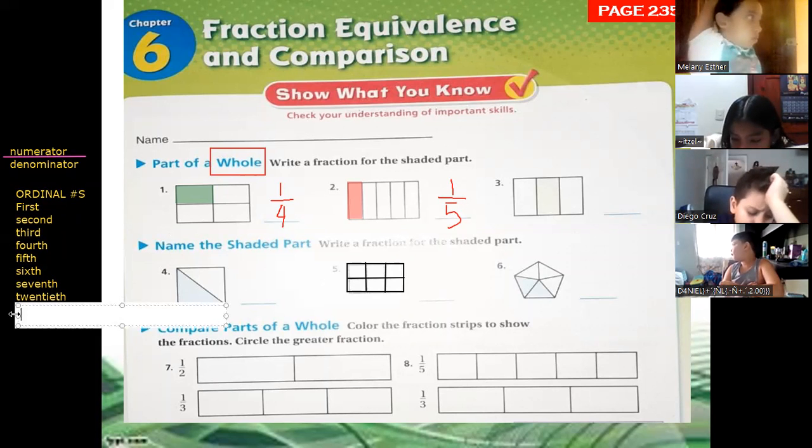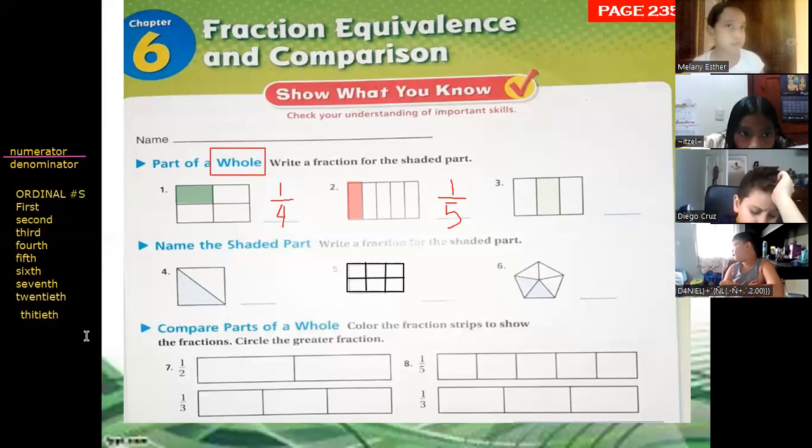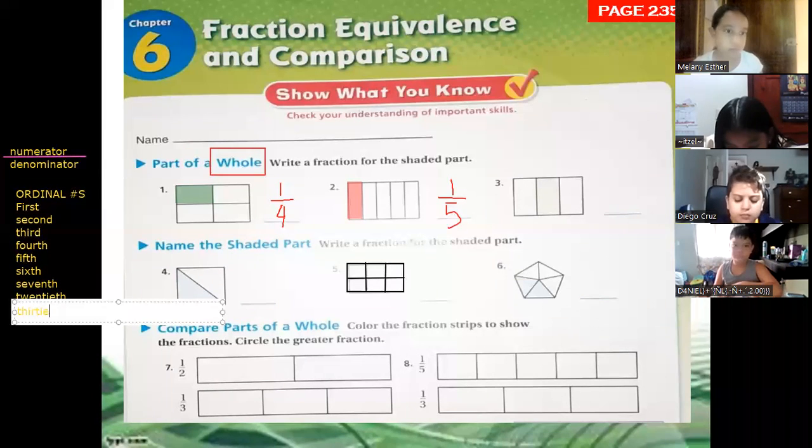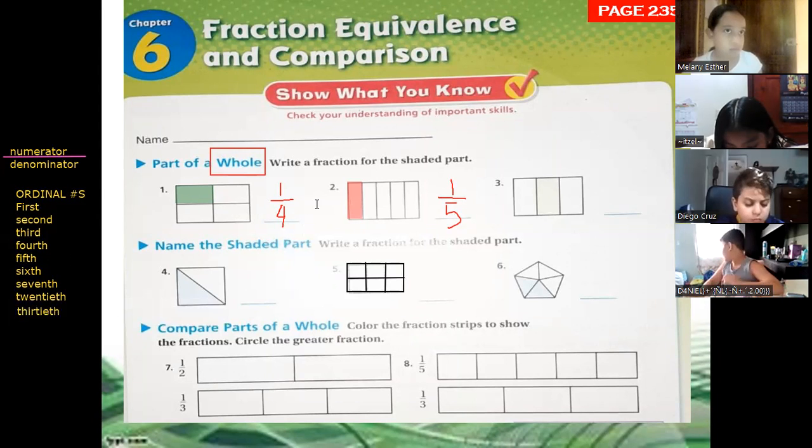If it is 30, well, it's 30th. Oh, that one is misspelled. I missed a letter R. 30th, like that. And that's the correct pronunciation.